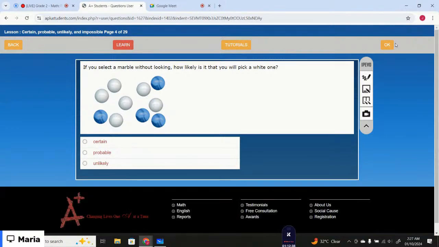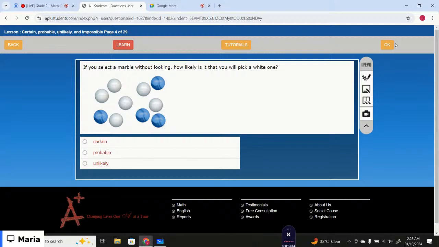If you select a marble without looking, how likely is that you will pick a white one? So, which is the correct option? You have six white marbles and four blue marbles, right?